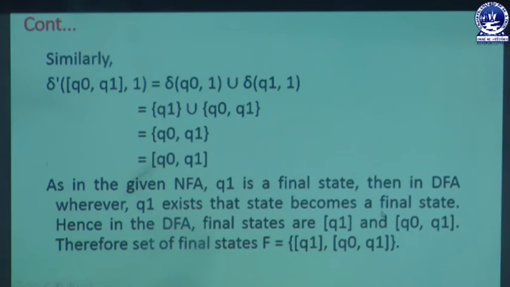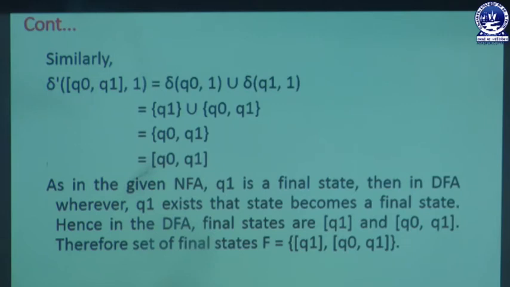That means we are getting some new states. If a new state also contains Q1, it is also considered a final state. So here we can mention this in the slide.